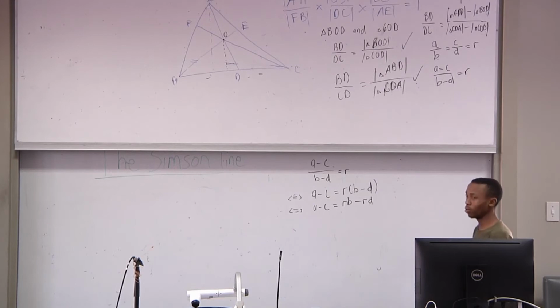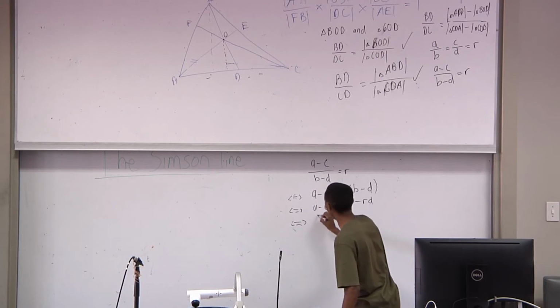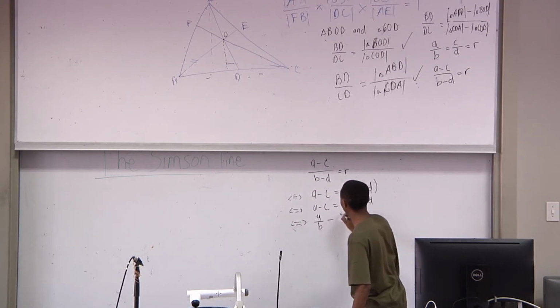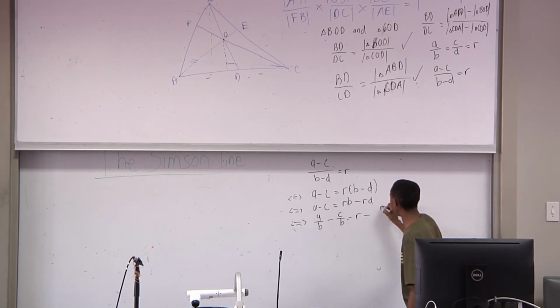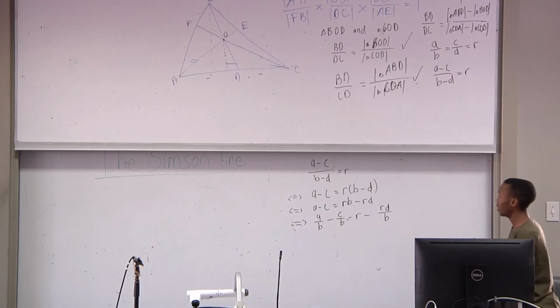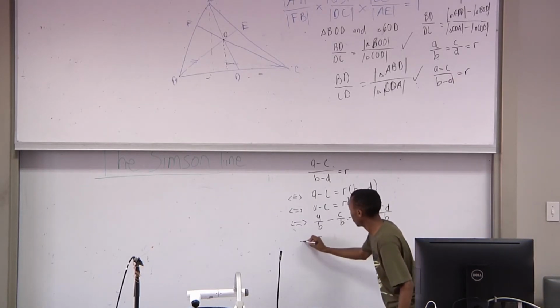Here we divide by B, since B is non-zero, because B is a denominator. So A over B minus C over B is equal to R minus RD over B. And A over B is just R. So that means that.